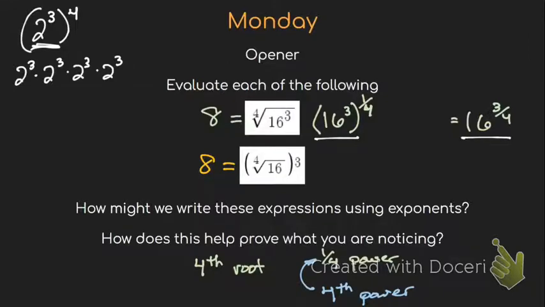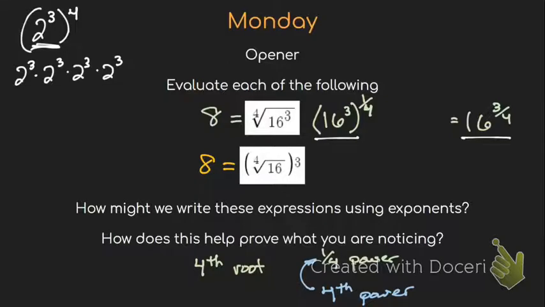Now, this brings us to another exponent rule. When I'm multiplying powers that have the same base, what do I do with their exponents? I add them. Now, I understand why that rule works. I understand it's a rule. Oh, okay, so we're good with that rule. And if we weren't, we could even write it out there, right? 2 times 2 times 2 times 2 times 2 times 2.